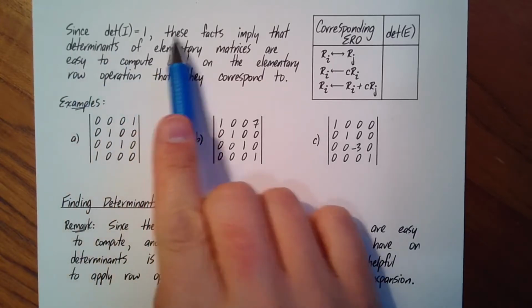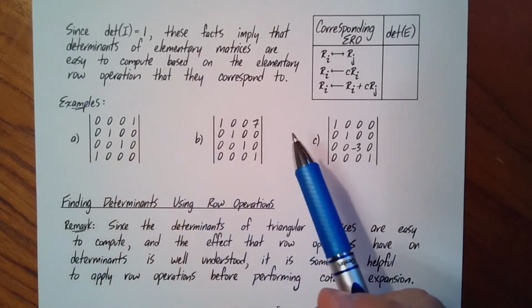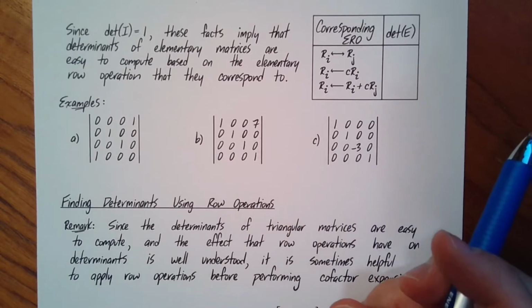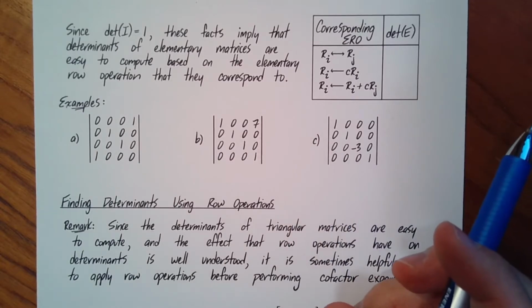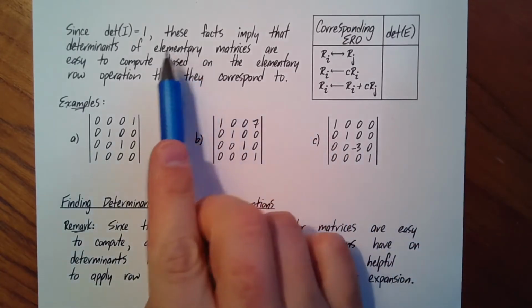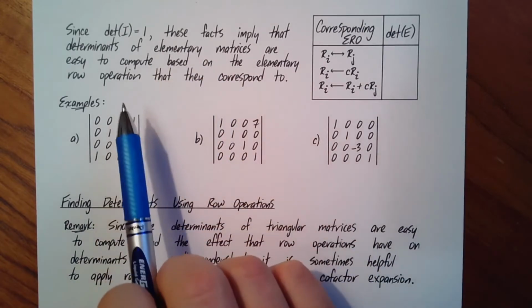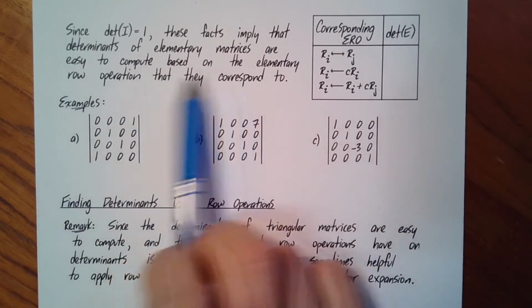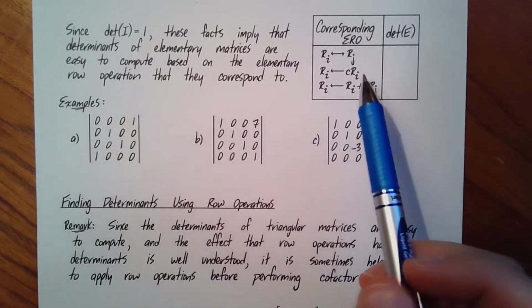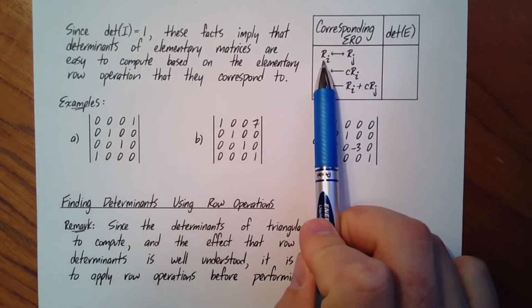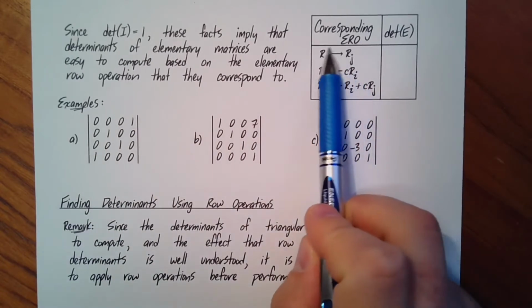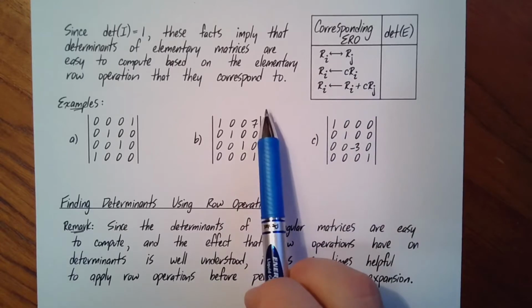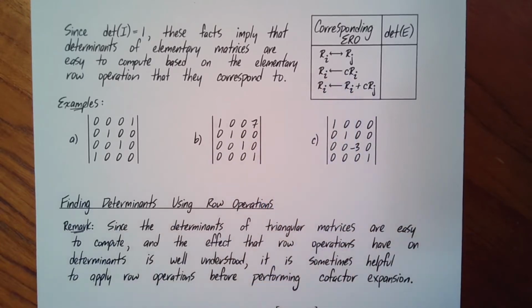Because of that, these facts, in other words the rules we laid out on the previous page, what every elementary row operation does to the determinant, make the determinants of elementary matrices easy to compute, just based on the row operations they correspond to. In the case of an elementary matrix that corresponds to interchanging two rows, remember how this row operation affects the determinant.